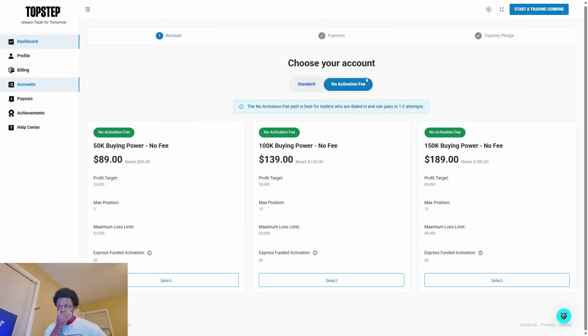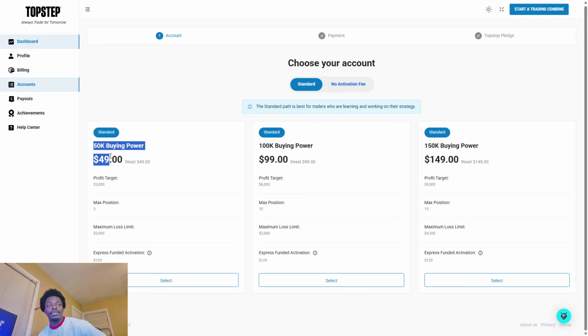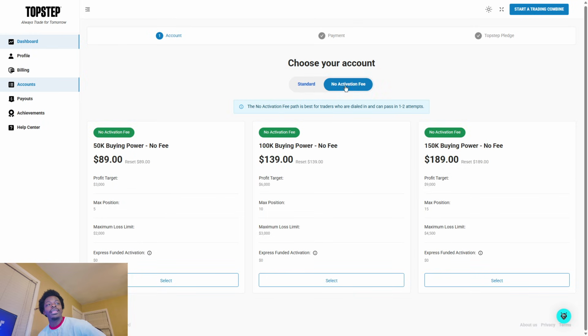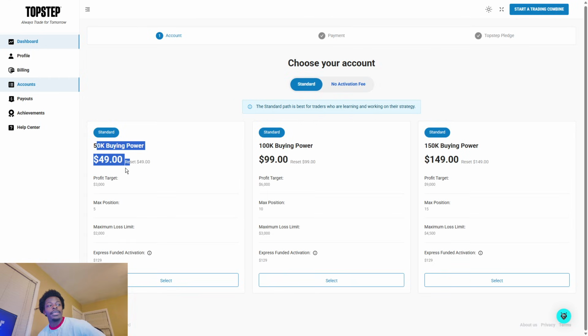But either way, for me personally, from now on, I used to be a 50K lover. The only accounts I used to buy were these 50K standard accounts. But now that these no activation fees are here, I'm strictly buying the 150K accounts just because, one, the total cost is $190, whereas if I do the 50K, it's about $50 plus $130, which is $180.